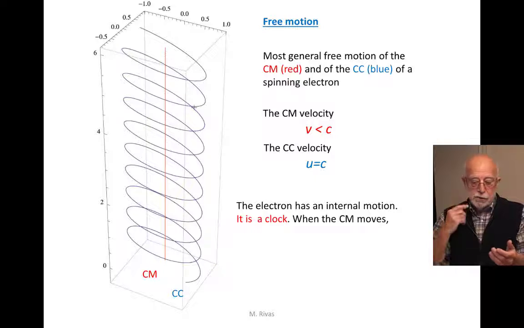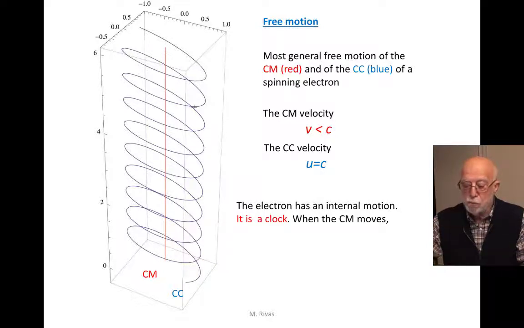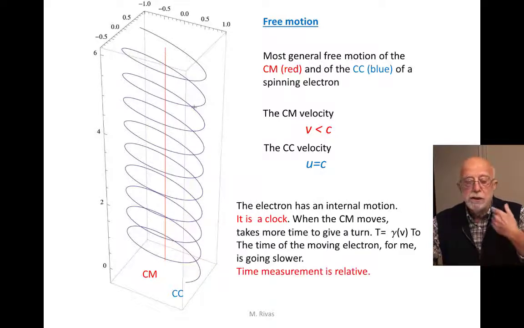But a nice feature is that when the center of mass moves, you see it takes more time to give a turn. For instance, these 2 points represent the initial position of the center of charge and the position after a turn.